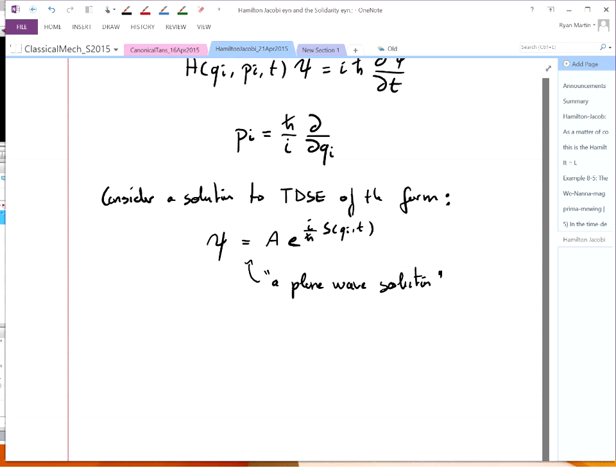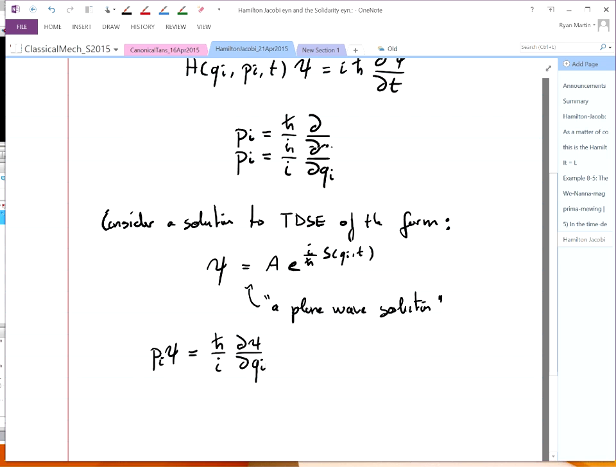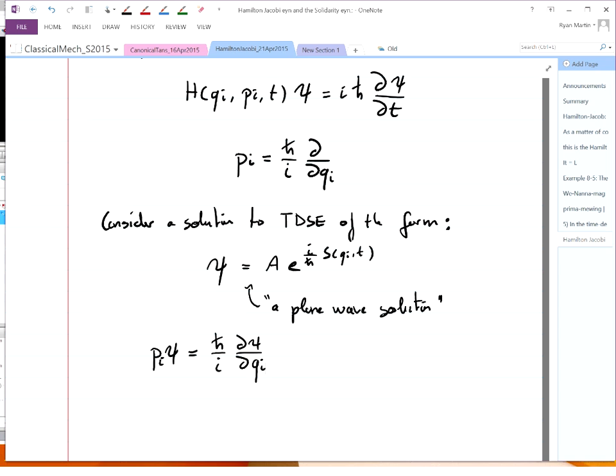So, in a plane wave solution, if I want to know p_i psi, so I want to know the momentum operator on psi, then I have to do h bar over i times ∂psi/∂q_i. And I'm interested in knowing p_i psi because the time-dependent Schrödinger equation up here with H has a p_i psi in it.